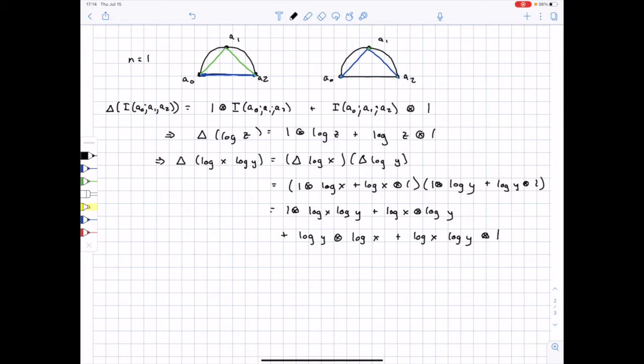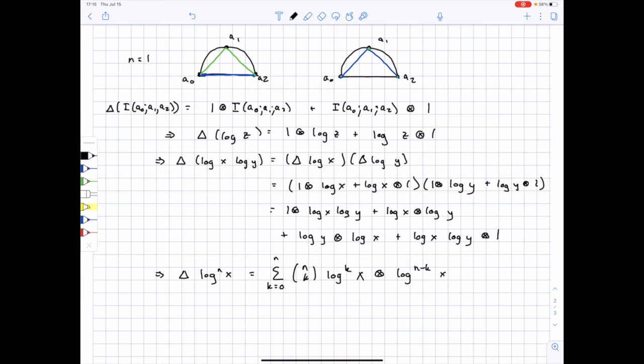We could also derive the coproduct of powers of logs from a direct application of the binomial theorem. We get the sum over k from 0 to n of n choose k, log^k x tensor log^{n-k} x.